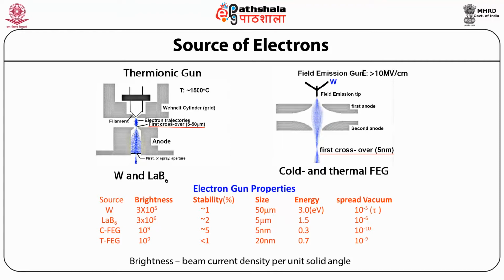But in the case of tungsten and LaB6, it has a stability of around 50 micrometer and 5 micrometer respectively, and the energy spread is around 3 electron volt for 10 to the power minus 5 Pascal. Now here brightness represents the beam current density per unit solid angle.